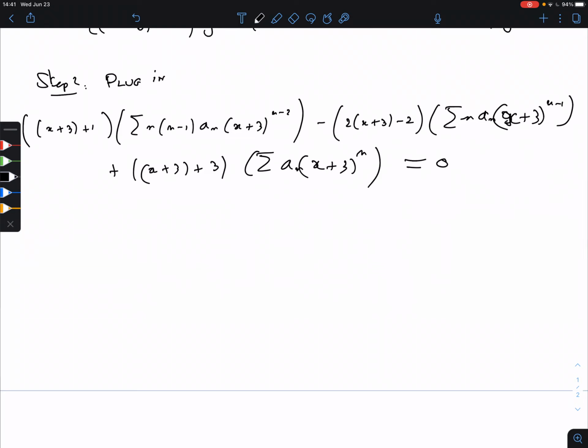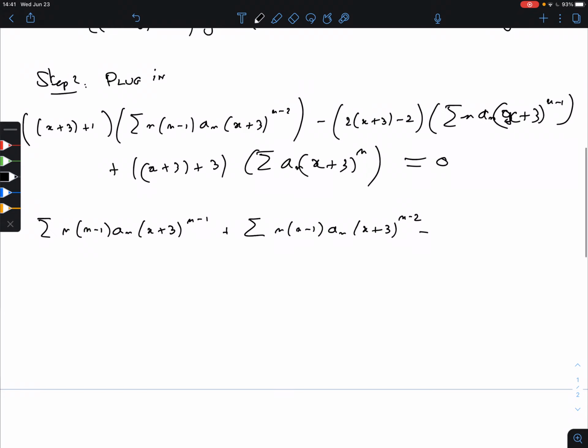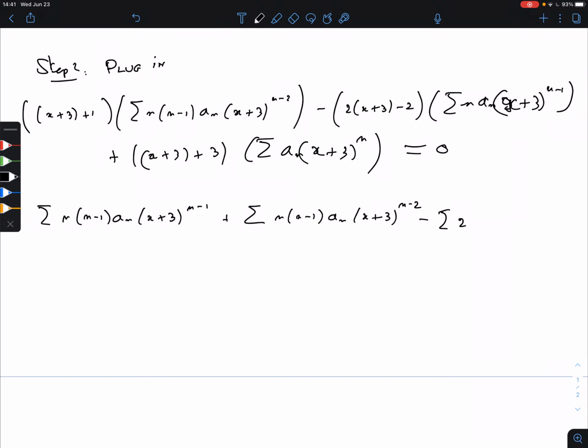So we multiply out: summation n(n-1) a_n (x+3)^(n-1), plus summation n(n-1) a_n (x+3)^(n-2), minus summation 2n a_n (x+3)^n.